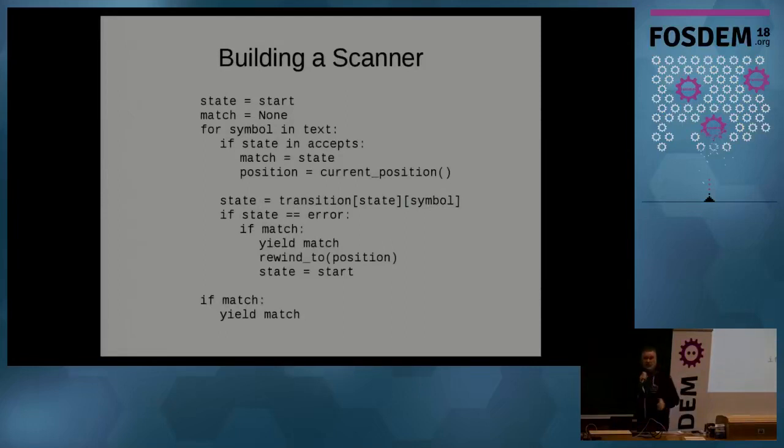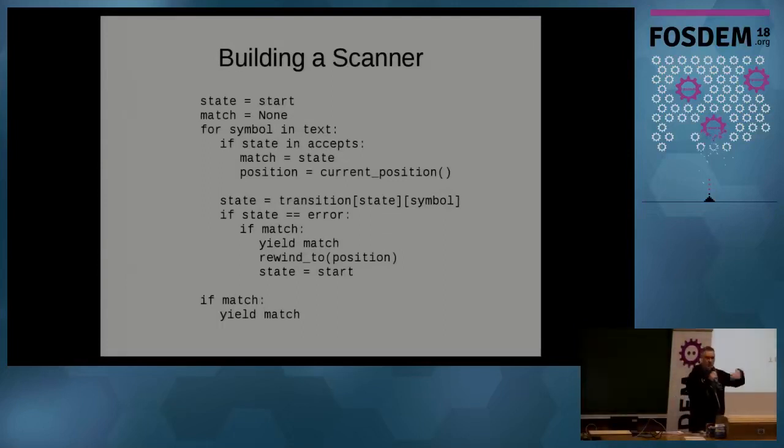And if you did see an accepting state, what you do is say, wow, I found a token, I'll return it, and then I'll rewind back to where that token was, and I'll start again. And so you don't go through the DFA just once to tokenize, you have to go through one time for each token, and this is the basic approach. But again, it's not much code, it's very, very simple.